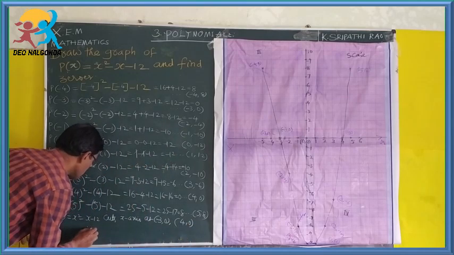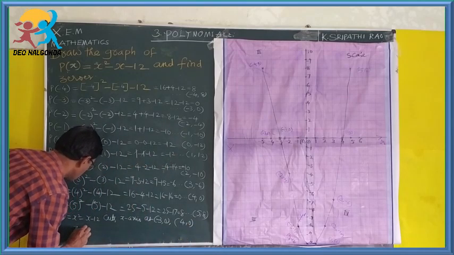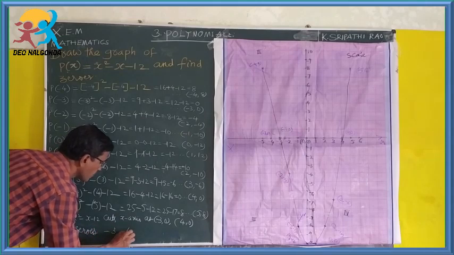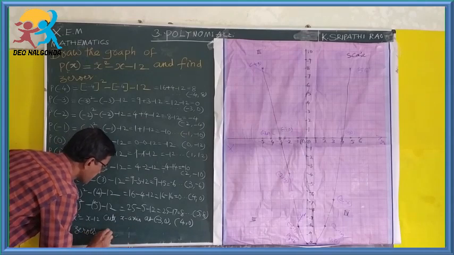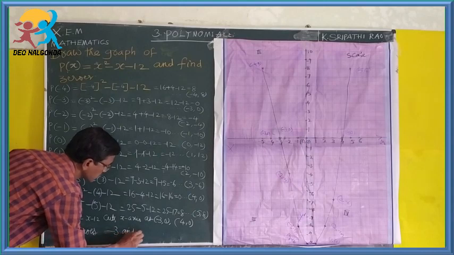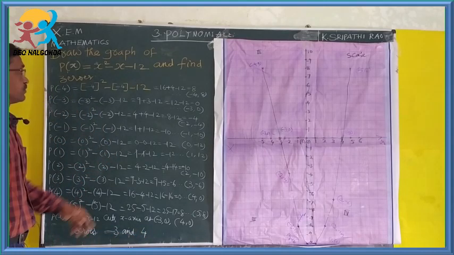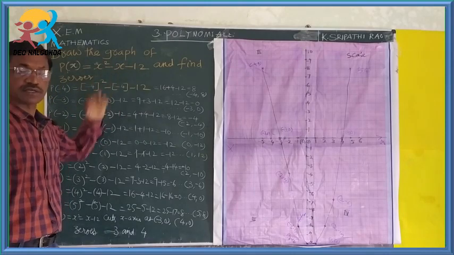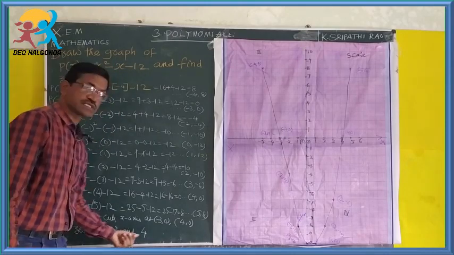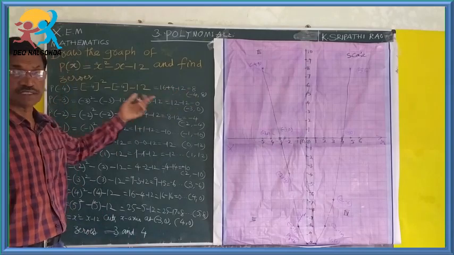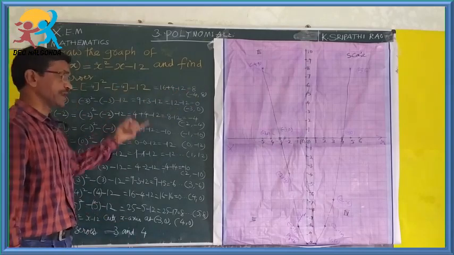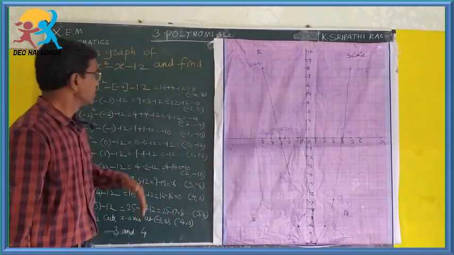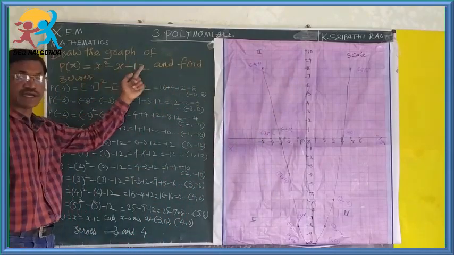Therefore zeros are minus 3 and 4. If you solve this by algebraic method, you will get the same values. By graph also you will get the same values. In this way we find the zeros of the polynomial x squared minus x minus 12.